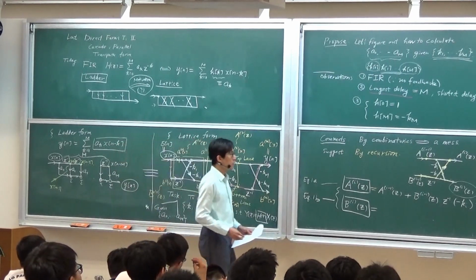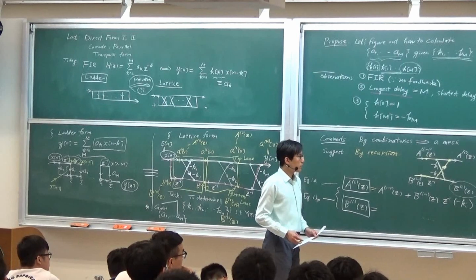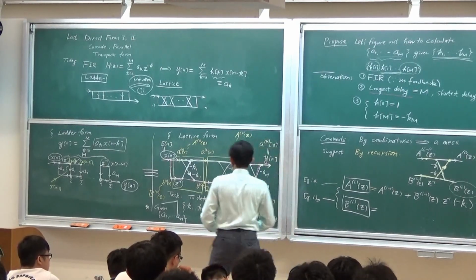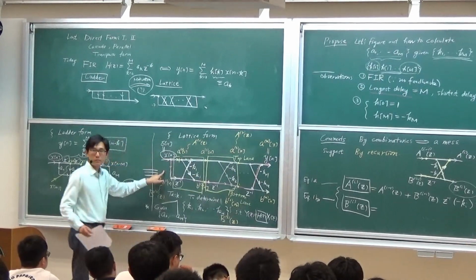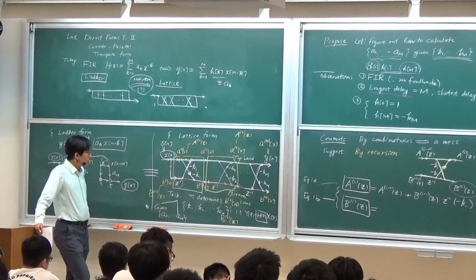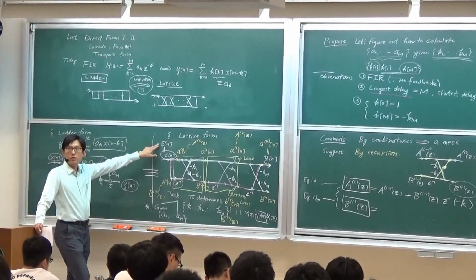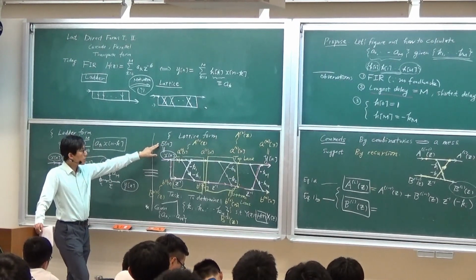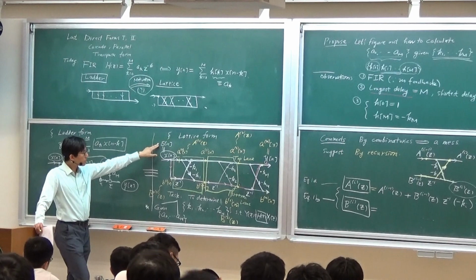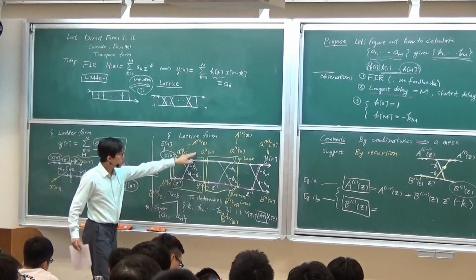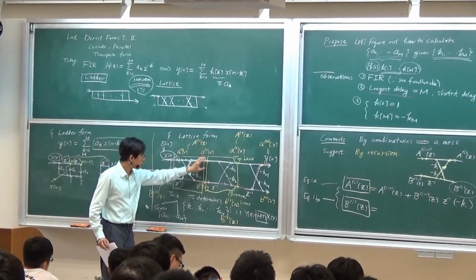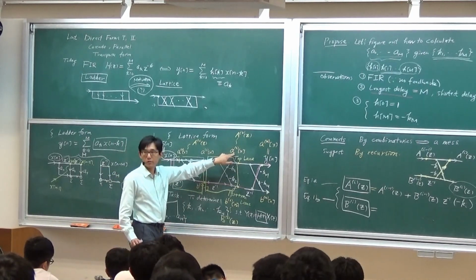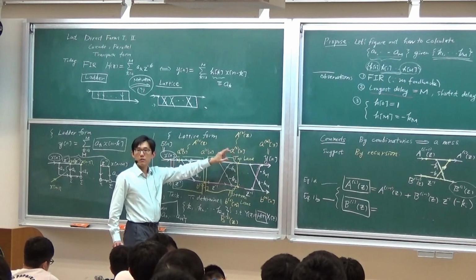But surprisingly, in this network, if the input is a unit impulse, if the input is the delta function, it turns out that if you just observe the top lane and the bottom lane, let's say at the second place, for example, this is interesting.